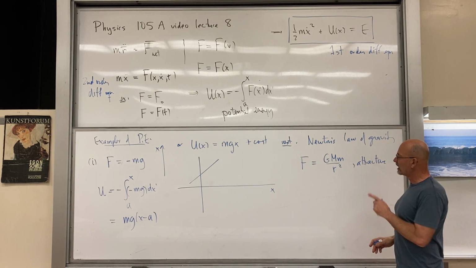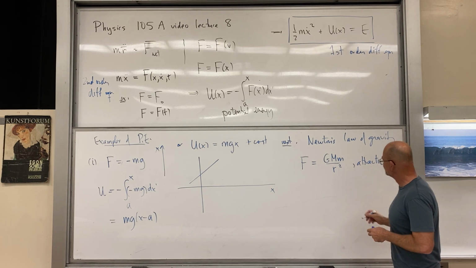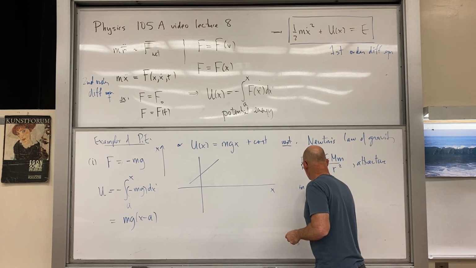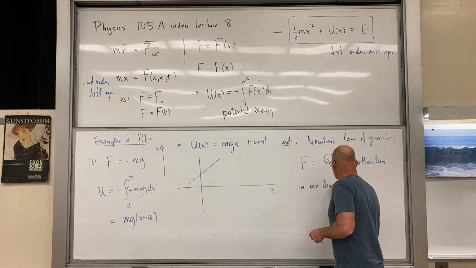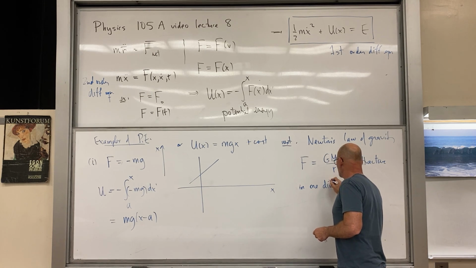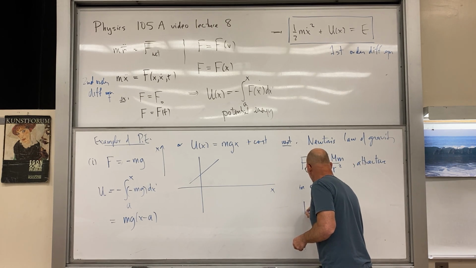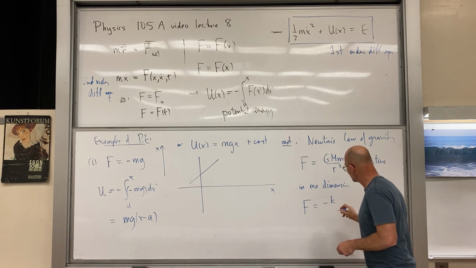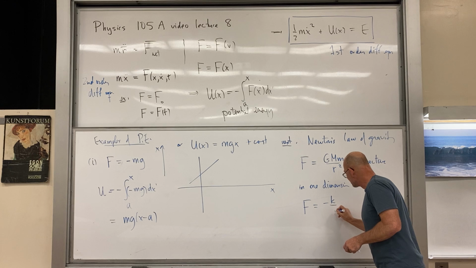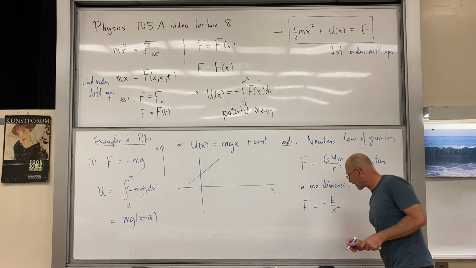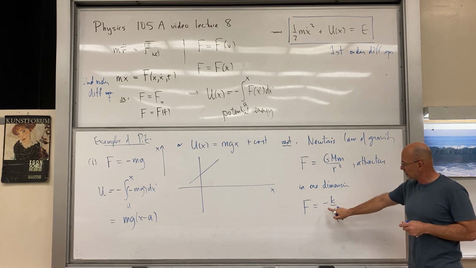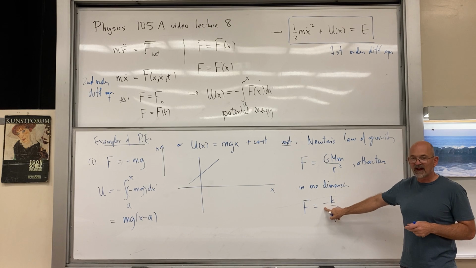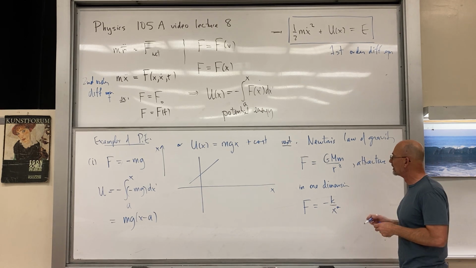But for now, we want this in one dimension. In one dimension, we can have F is equal to minus, I'm just going to use the letter K divided by x squared. And we'll see in a moment the negative sign tells us that it's attractive.